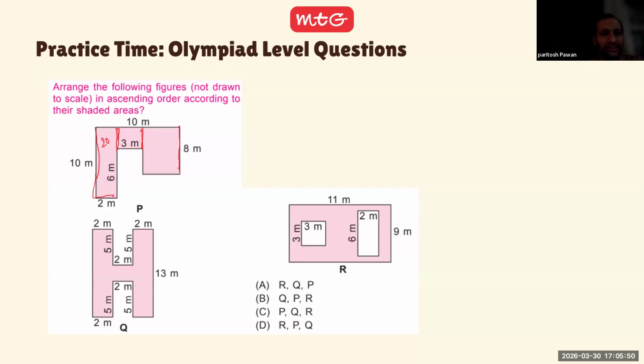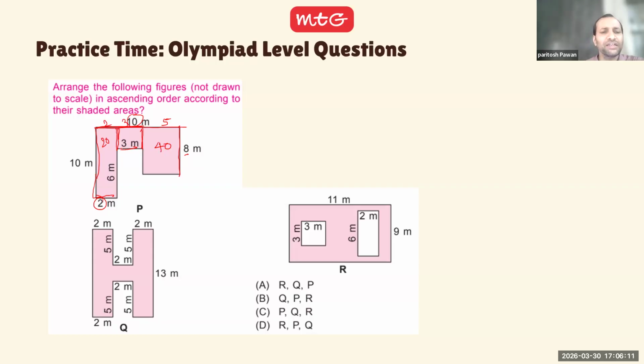This is 8. And this is 2. Here it is 2, so here also 2. This is 3, so this also 3. So till here it is 5, so this also is 5, because total is 10. So area is 8 into 5, so this is 40.